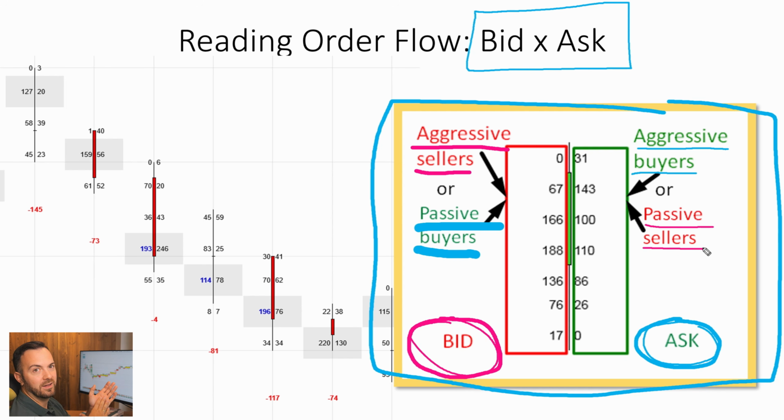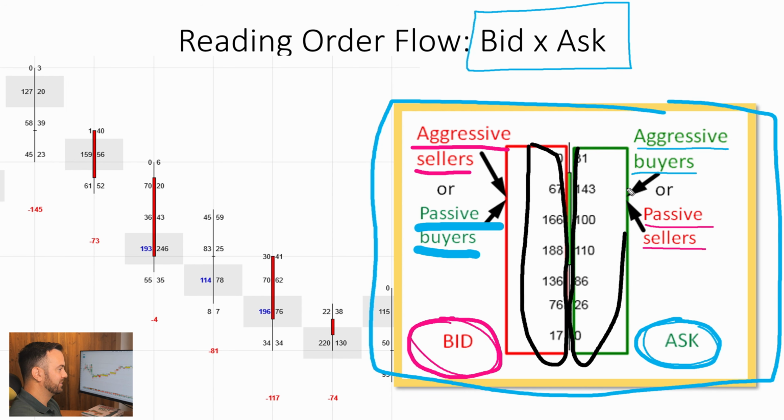So on ask, there could be buyers and sellers as well. Depending on what kind of order they used, there could be buyers with market orders and sellers with limit orders. So in the end, the bottom line is you can never be sure if the volumes you see on bid are sellers or buyers, and the volumes on ask if those guys are sellers or buyers. So how do we tell?